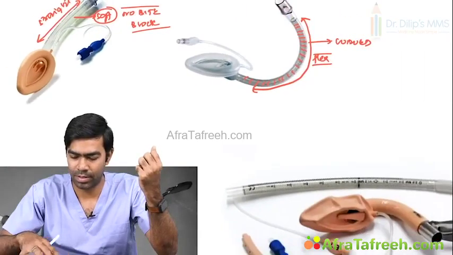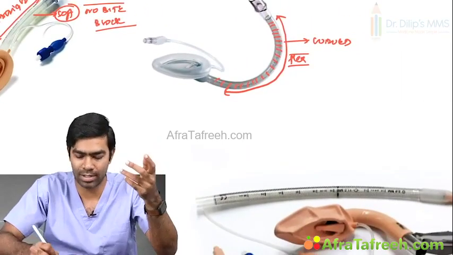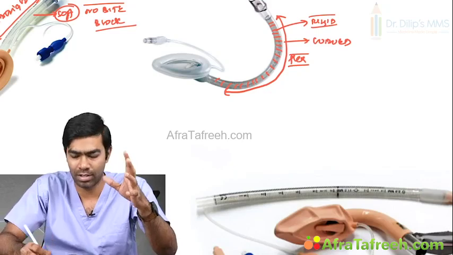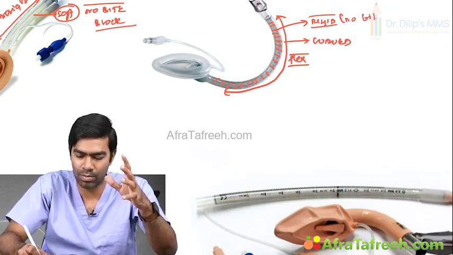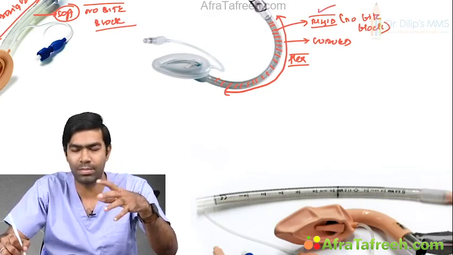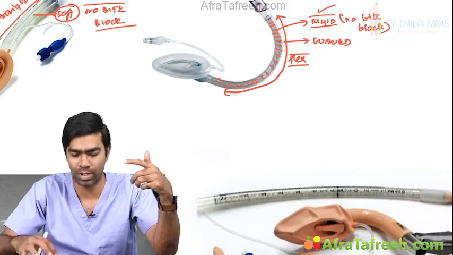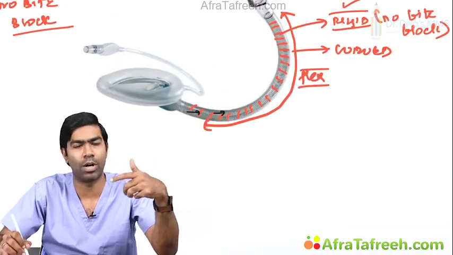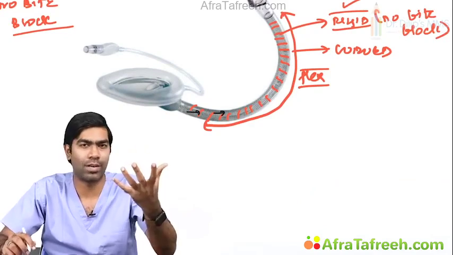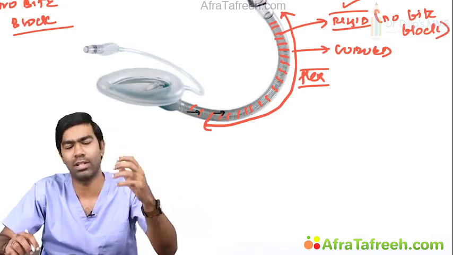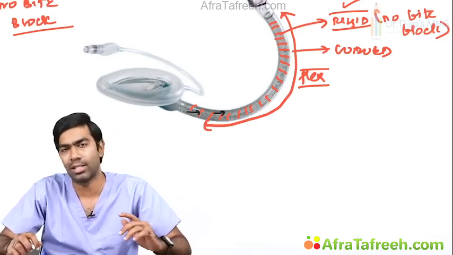So in the LMA flexible, they address this issue to an extent. It becomes a relatively rigid device, not very rigid. Still, it doesn't have a bite block. I'll tell you what a bite block means. It's relatively rigid because of the metal reinforcement. You can see the metal reinforcement on the body very clearly. So it is more curved, and at the same time it has relative resistance to bite. It's not a bite block, but still there is good bite resistance in this LMA flexible.